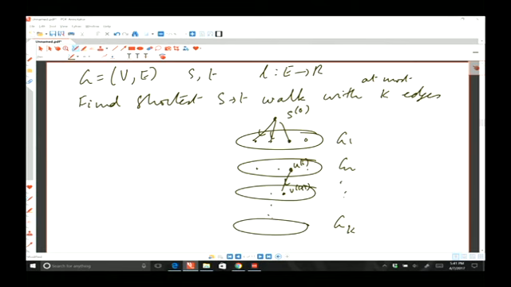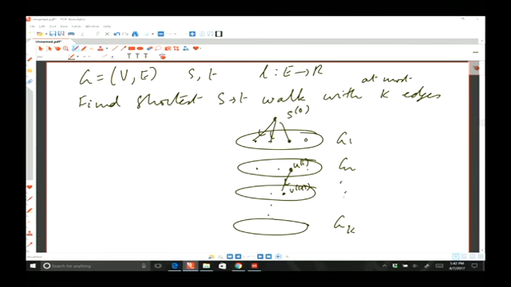There are no edges within a layer. It's an empty graph except the vertices are copied many times, and I put an edge between the ith copy of U and the (i+1)st copy of V if UV was an edge in the original graph. I don't want edges within a layer, and I'll tell you why. This is the construction.